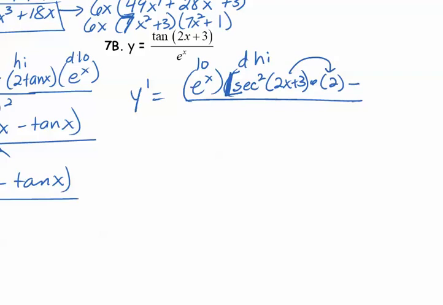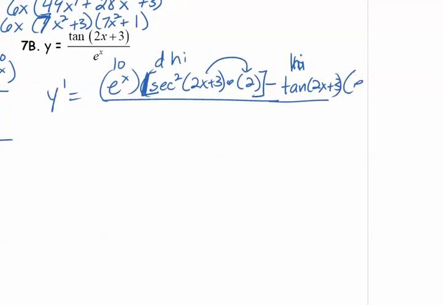And then minus our high function, sorry, other way around, our high function, leave it alone, times the derivative of the low function is still our e to the x, not e x, but e to the x, all over our denominator squared.